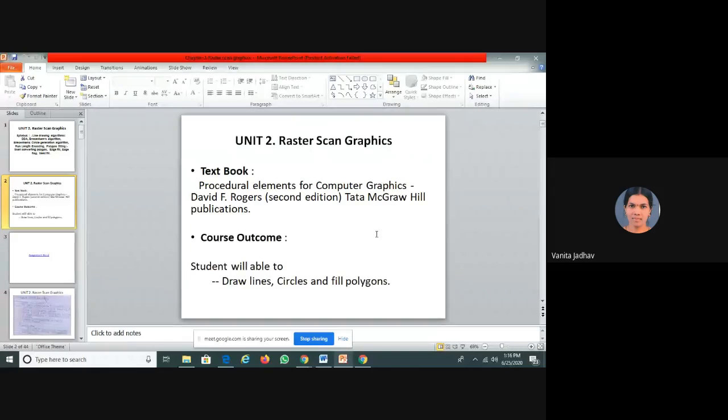And write the course outcome. After completion of this chapter, you will be able to draw lines, draw circles, draw polygons, and fill the polygons. This is the course outcome with respect to this chapter.